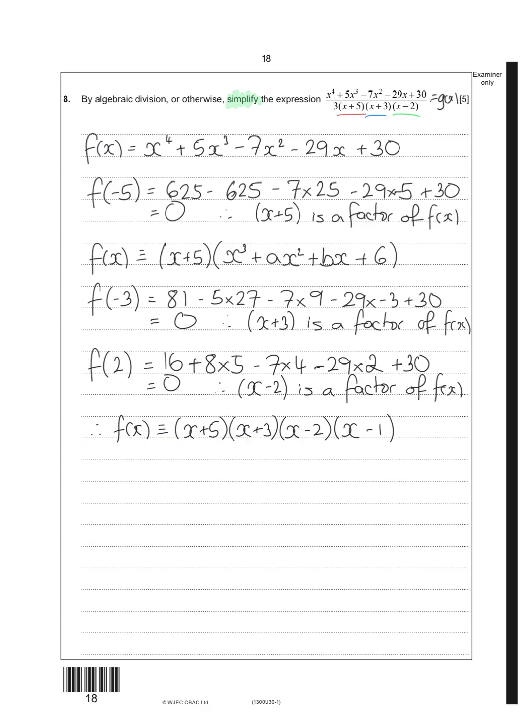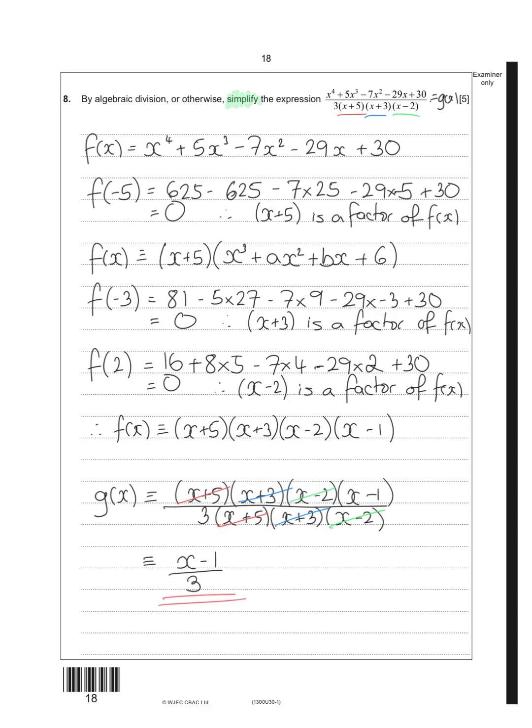If I use the colours from before, that factor and that factor go, this factor and this factor go, and then this factor and this factor go, leaving me with x minus 1 over 3, which is exactly what the original function g of x is the same as. Okay, so that's quite nice.